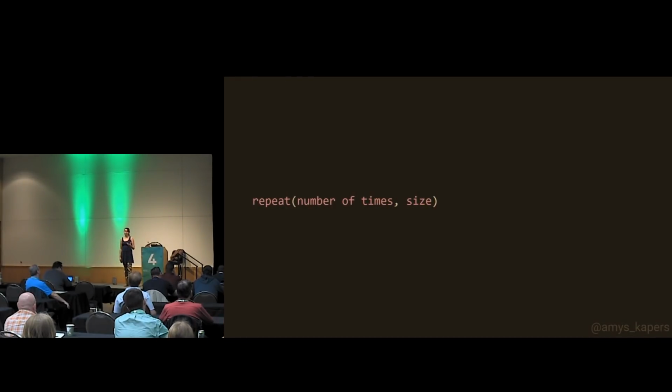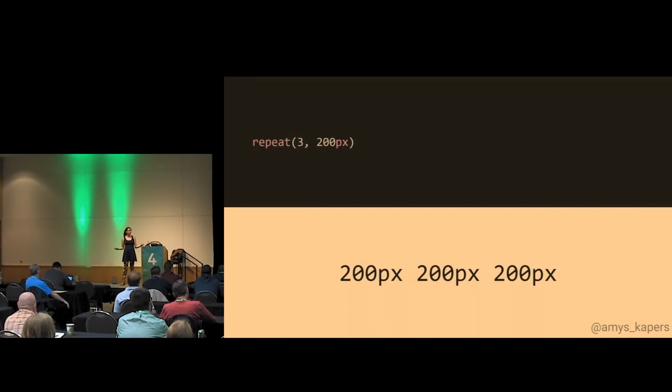Repeat allows us to take less time defining a layout. So instead of having to define each column when you've got 10 columns wide, you can say, I want to repeat a number of times and then the size of each column. So for example, I want to repeat 3 times a 200 pixel wide column. That gives you 3 200 pixel wide columns.